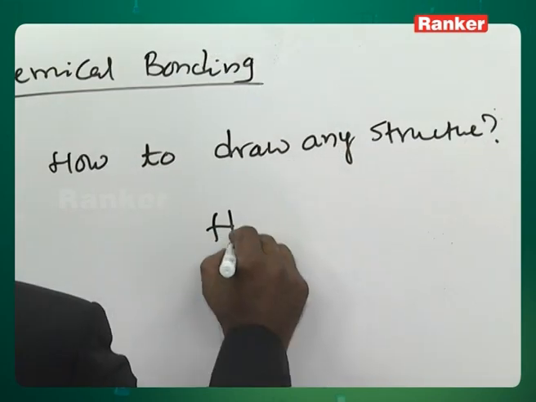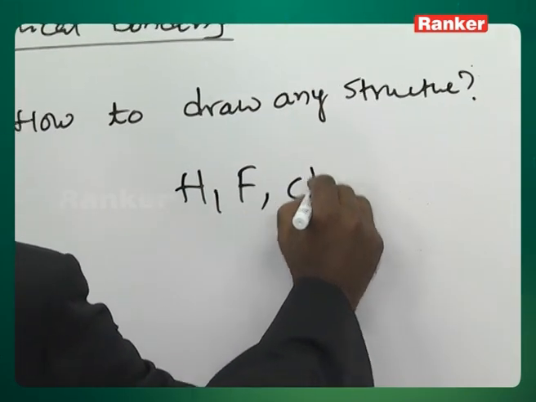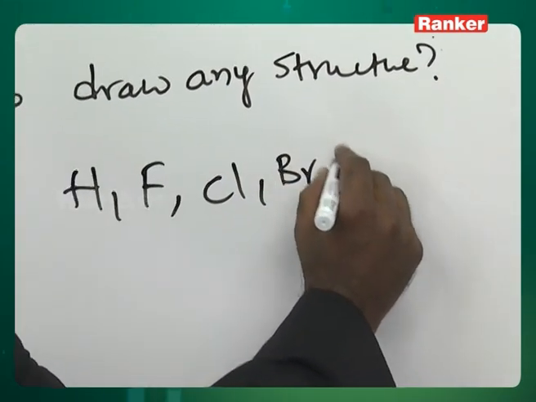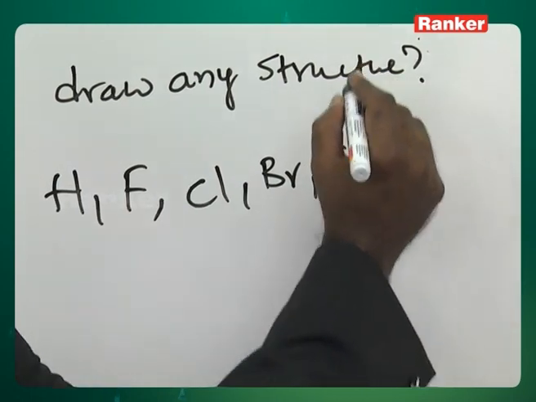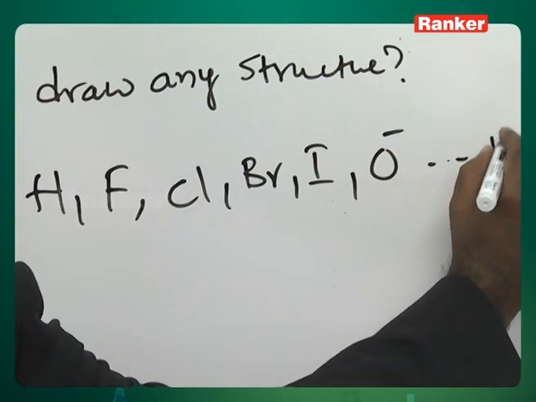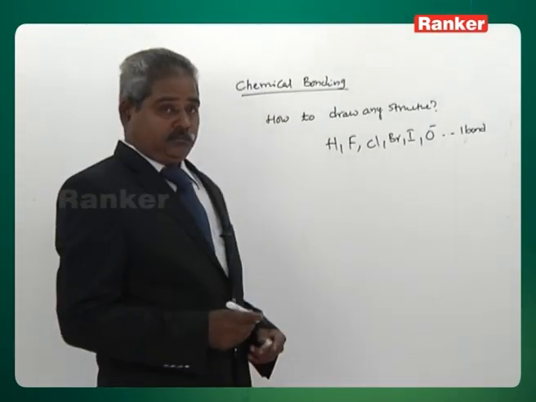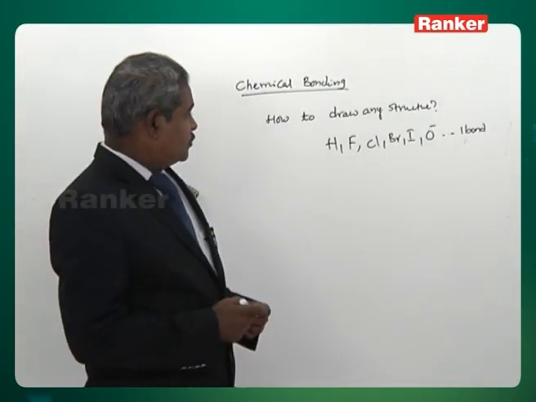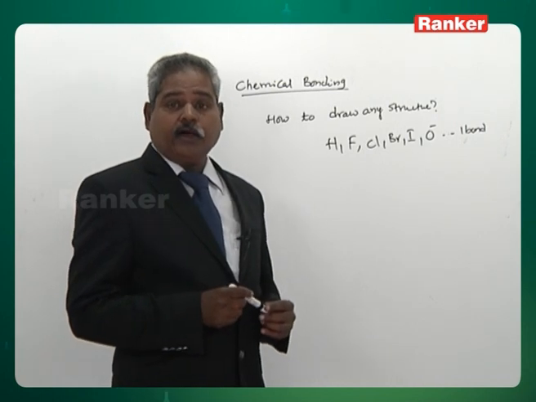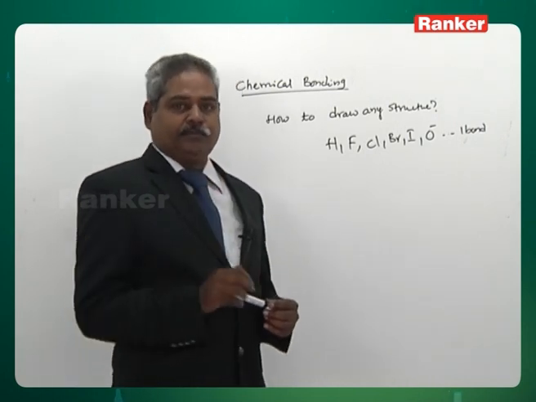Hydrogen, F, Cl, Br, O minus, they always form one bond. I will explain myself later. They always form one bond when they are terminal atoms.